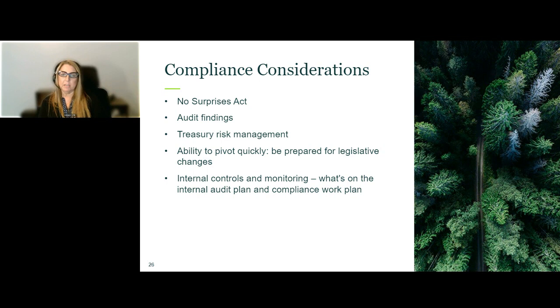And then also I'm thinking about your internal audit and compliance department continuously monitoring the landscape and updating work plans as might be necessary.